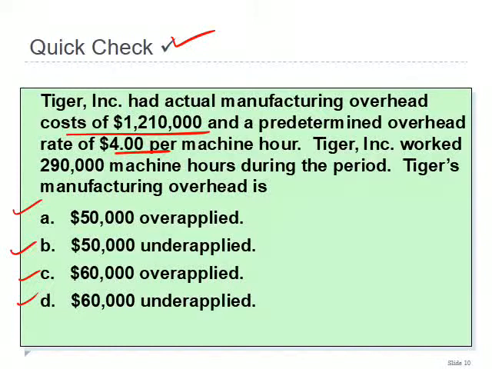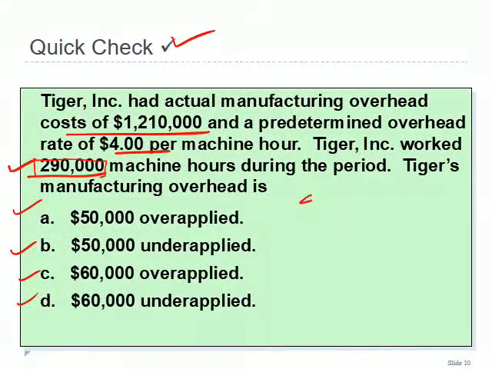Tiger Incorporation worked 290,000 machine hours during the period. You find out what would be their applied manufacturing overhead.